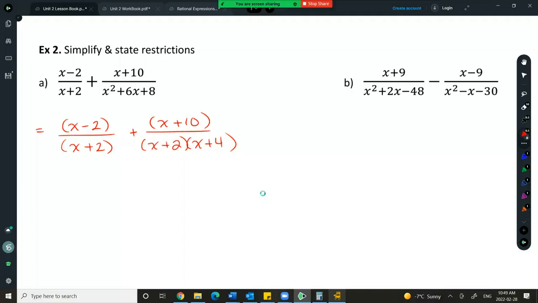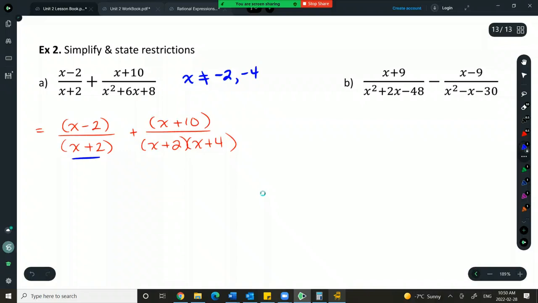Okay, so we factored and common factored. What's the next step? What did the steps say? Before that. Restrictions?